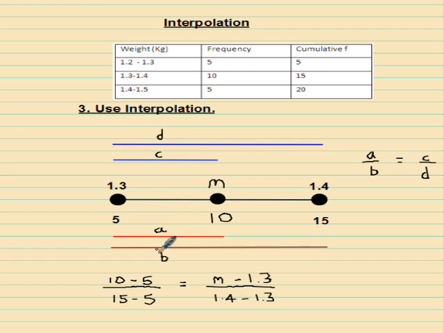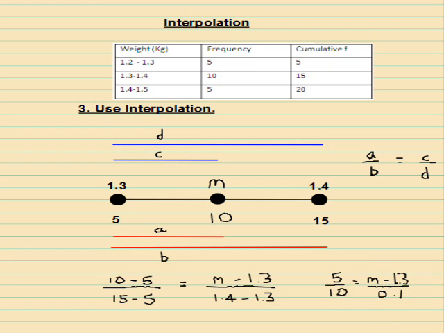We can see that now this interval is 5 compared to 10. And you could probably see that this was going to be an overall interval of 0.1.